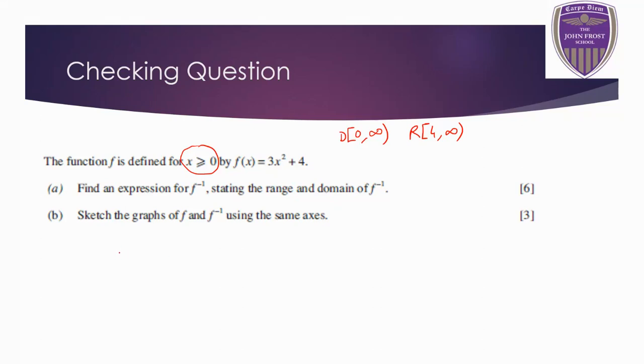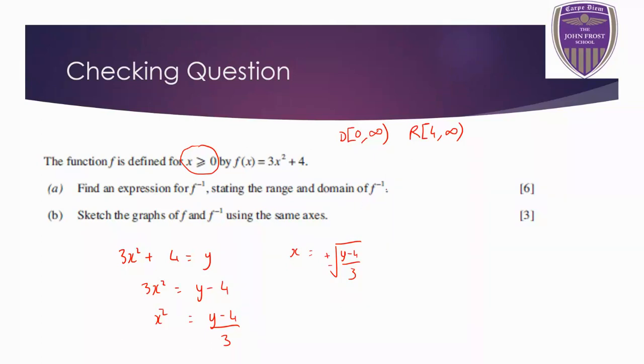So if we start by saying that 3x squared plus 4 is equal to y, start rearranging. So take 4 off both sides first of all, then divide through by the 3. So y minus 4 all over 3. And then we need to square root it. So it'll be the square root of y minus 4 all divided by 3.